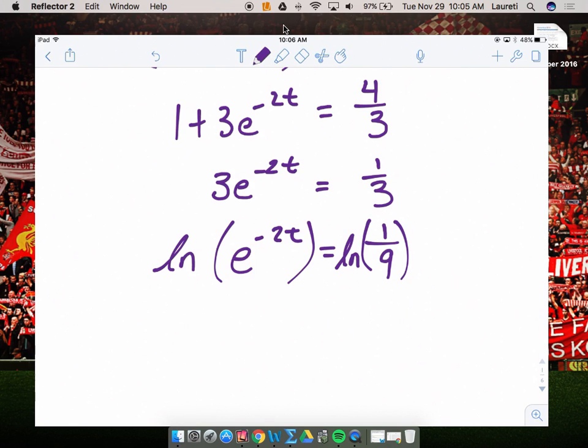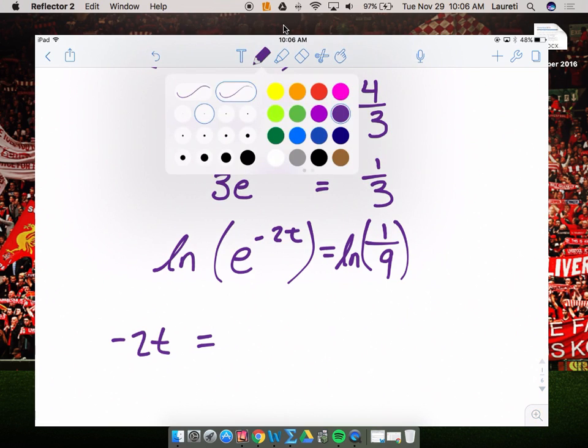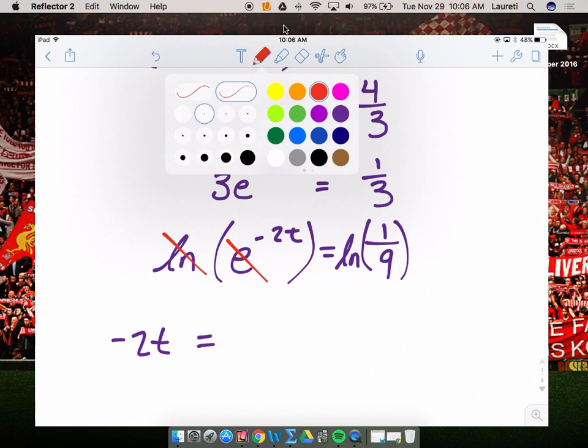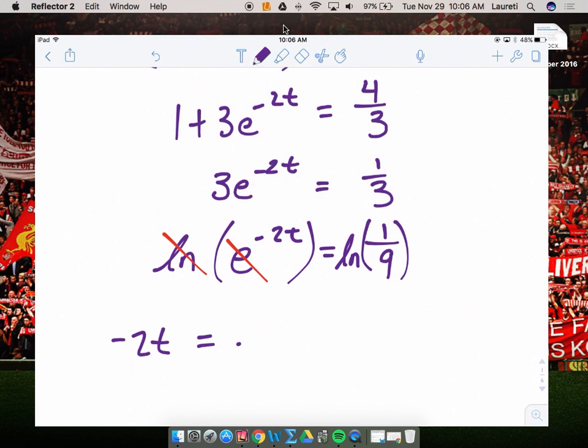Negative 2t. Good. And the ln and the e will cancel each other out. And then you're left with ln of 1 over 9. And then the last part would be to what? Good.